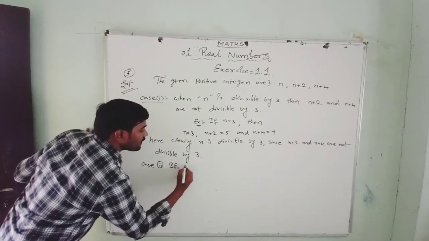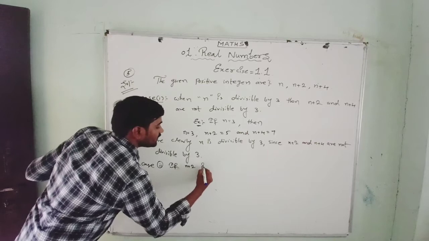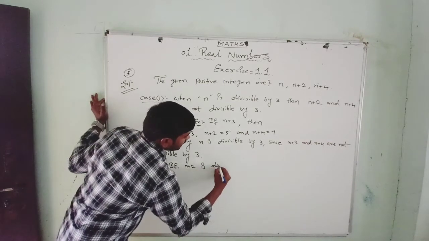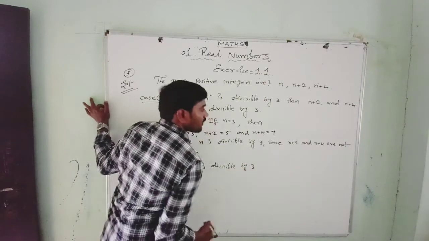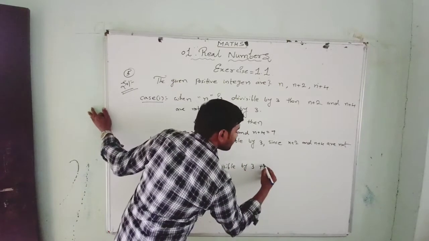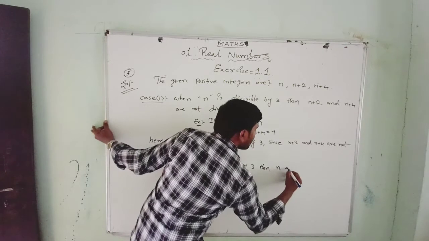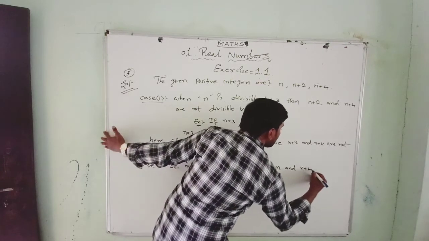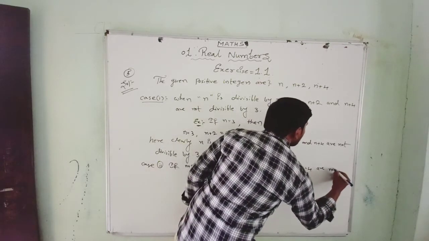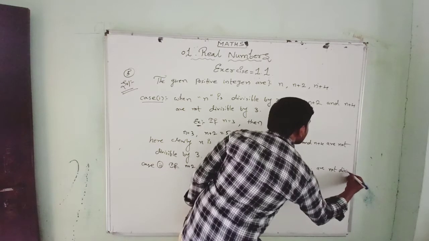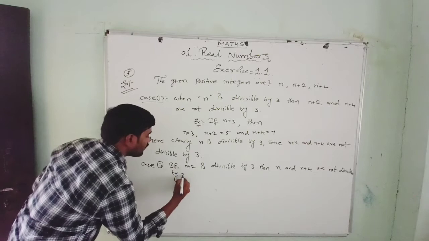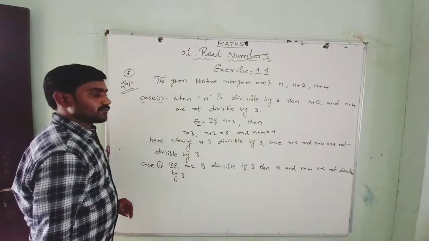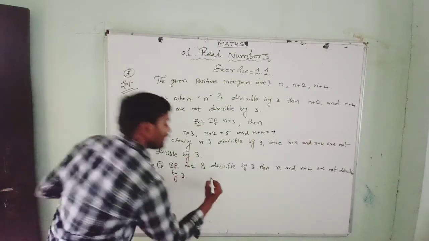if n plus 2 is divisible by 3, then n and n plus 4 are not divisible by 3. Now you can take an example.